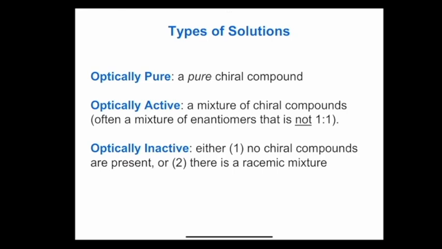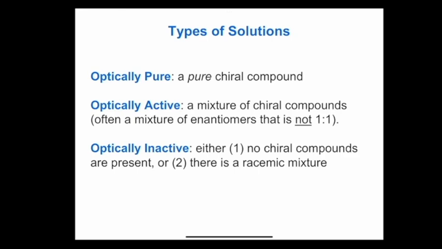If you take a sample, you put a polarizer on it, and it does not move light at all, it has a 0 rotation, it means one of two things. Either the sample is made of achiral materials, so it's not possible to bend light, or the sample is a racemic mixture. It's chiral, there's just a 50-50 mix. So now we have these three different possibilities. If you know the absolute rotation of a pure molecule, you measure it and it matches the optical value, you have an optically pure sample.